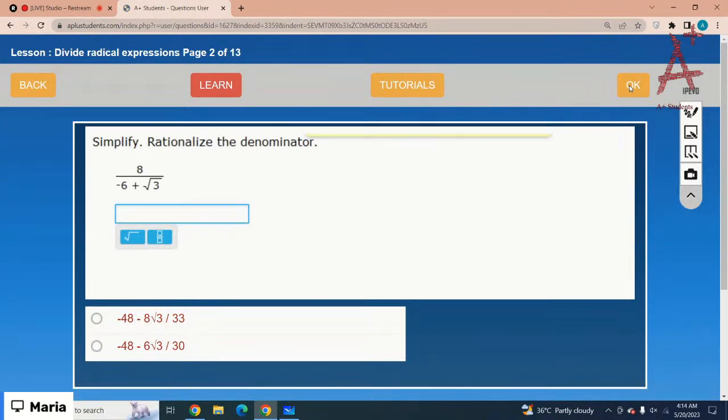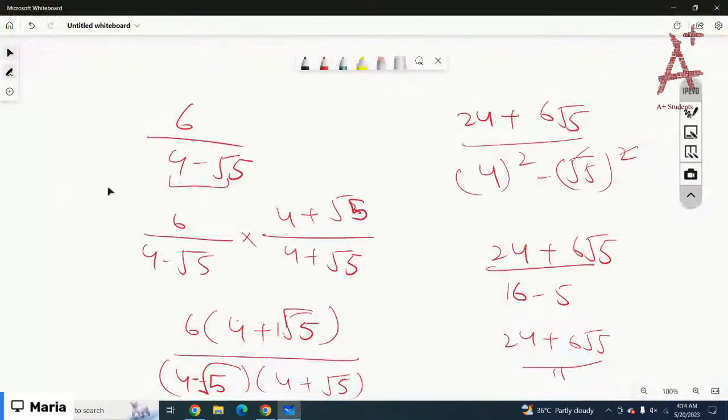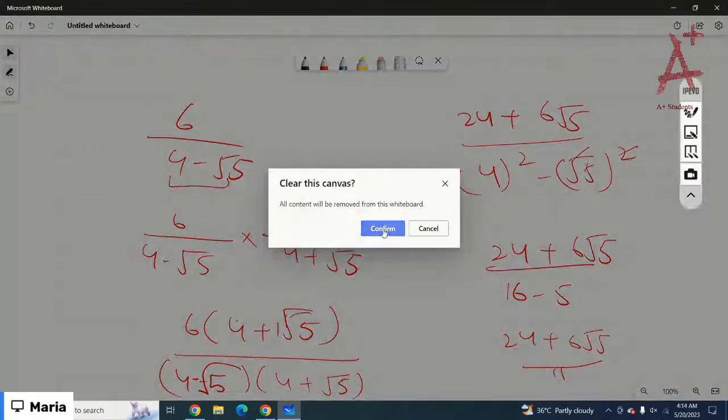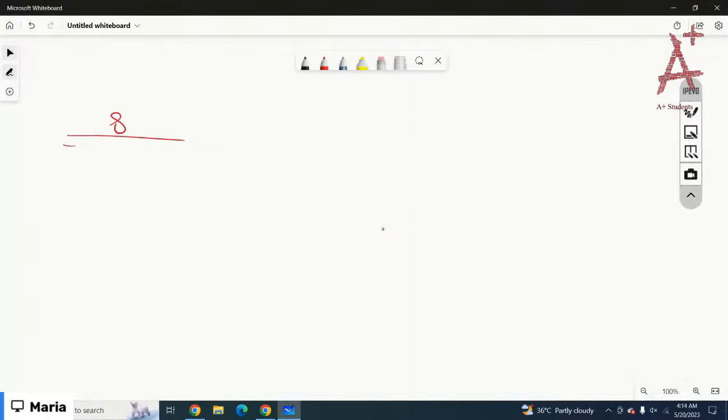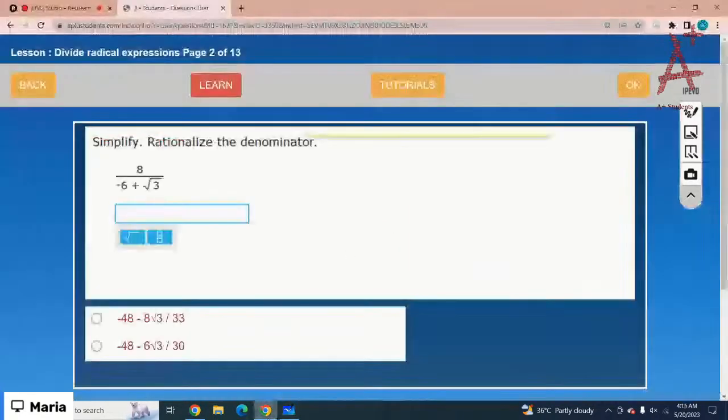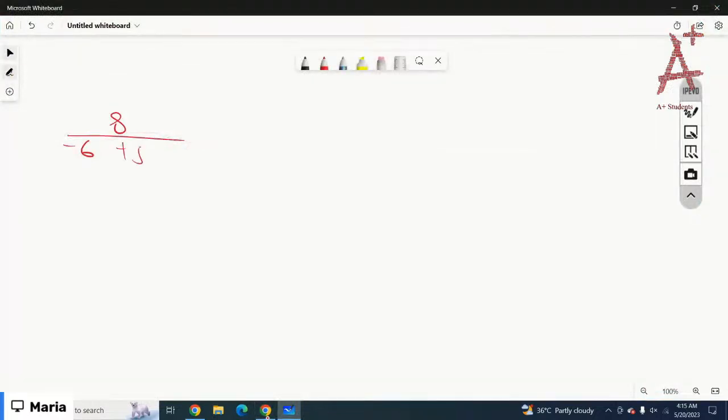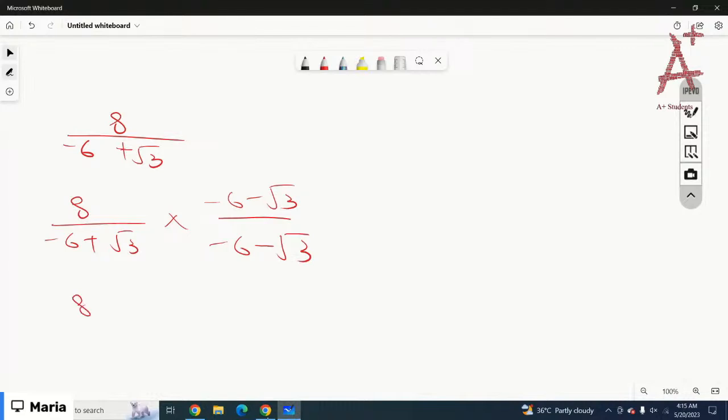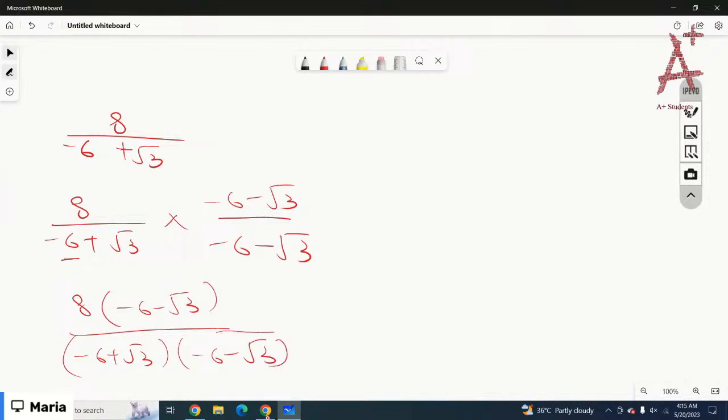Okay, the next one is 8 divided by negative 6 plus square root 3. Let's just multiply and divide with the conjugate. It would be 8 times negative 6 minus square root 3, and you can see it would be negative 6 plus square root 3 and negative 6 minus square root 3.